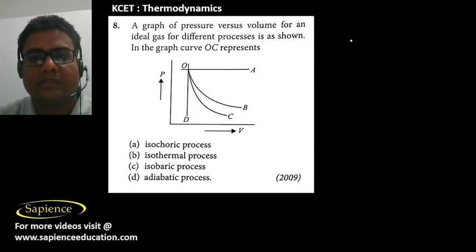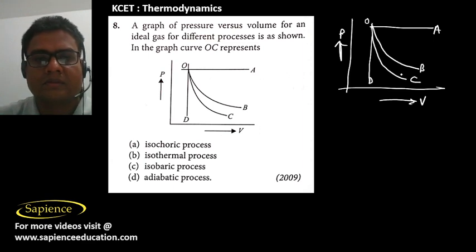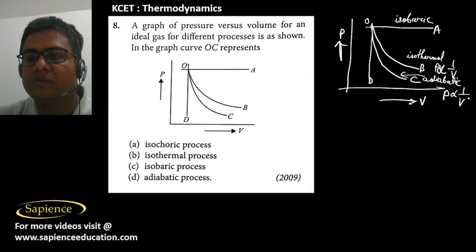In the graph, curve OC represents, this is P, this is V, this is O, this is A, this is B, this is C, and this is D. So we know that in OA pressure remains constant, so it is an isobaric process, and OB is an isothermal process, since PV is constant, meaning P is inversely proportional to V. But OC is an adiabatic process, since here P is proportional to 1 by V raised to gamma.